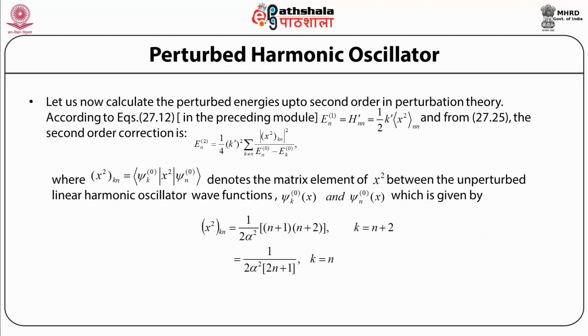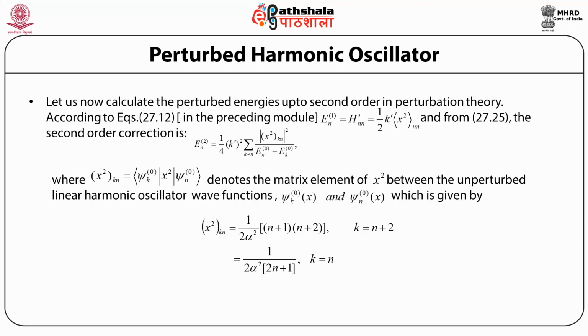And from 27.25, the second order correction En2 is equal to 1 by 4 into k prime square into the sum over k not equal to n of modulus square of x square kn divided by En0 minus Ek0, where x square kn denotes the matrix element of x square between the unperturbed linear harmonic oscillator wave functions psi k0 of x and psi n0 of x.